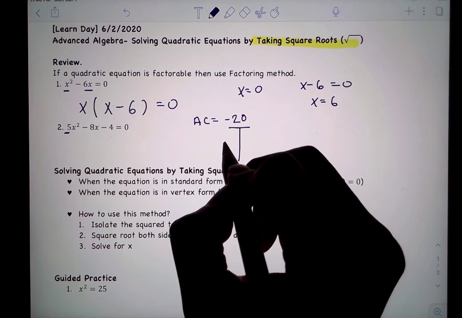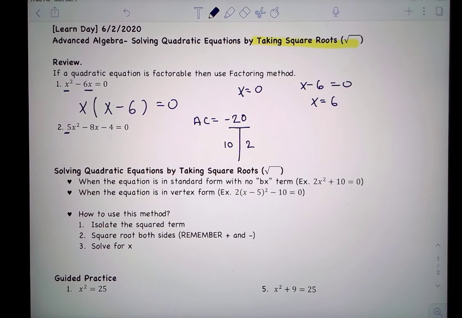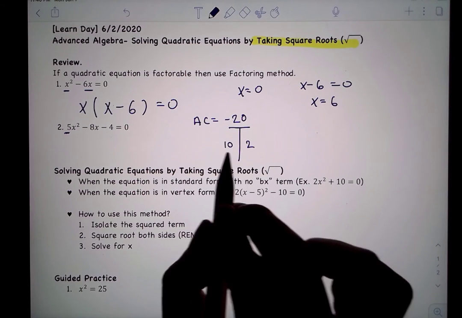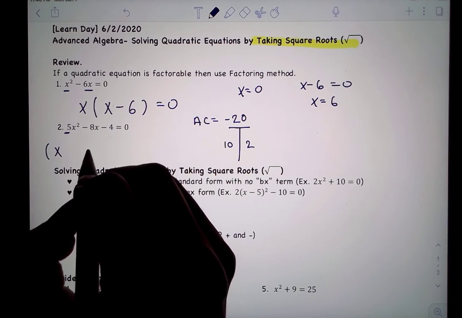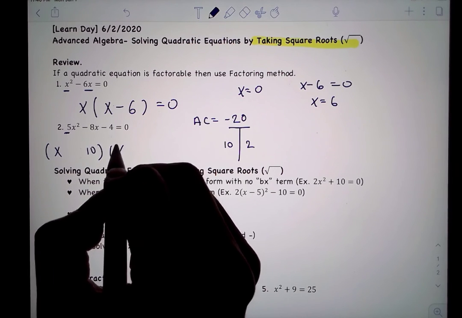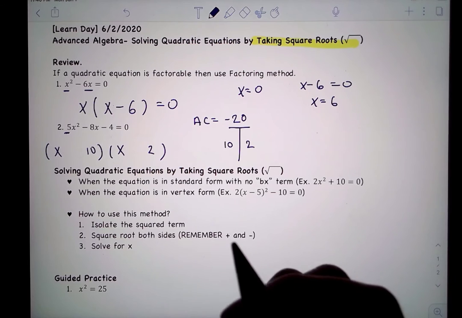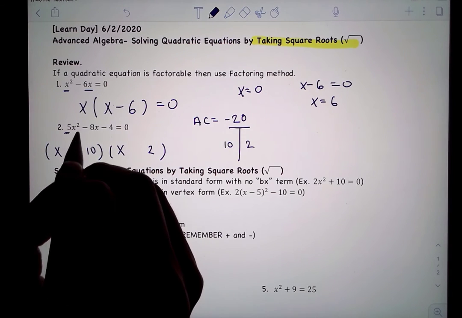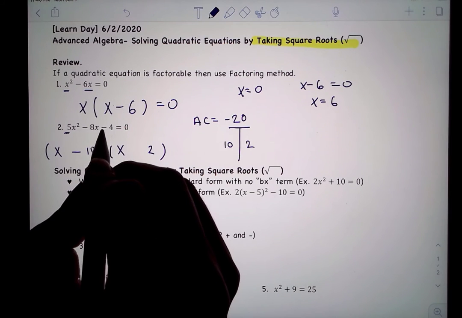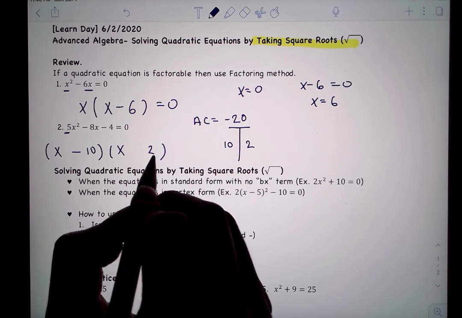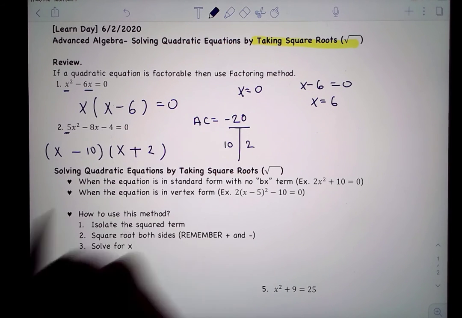I can think about 10 and 2. The difference is 8, right? And the product is 20. So those are my numbers. And we factor first. So 10 and 2, right? I told you, same sign as the middle term, so you put minus here. And your last one is negative, so you put plus here, right?